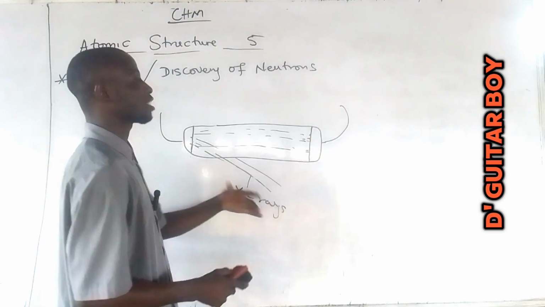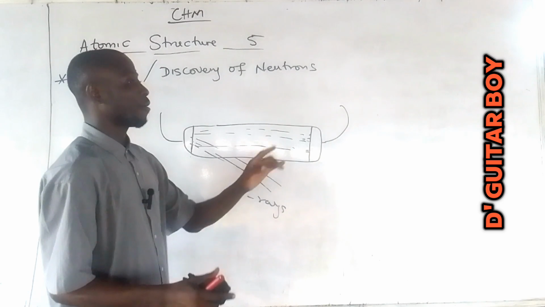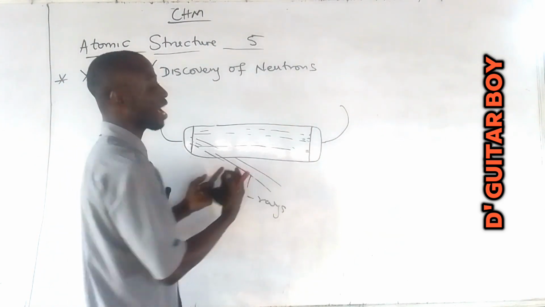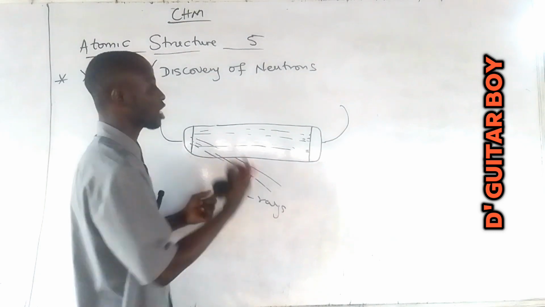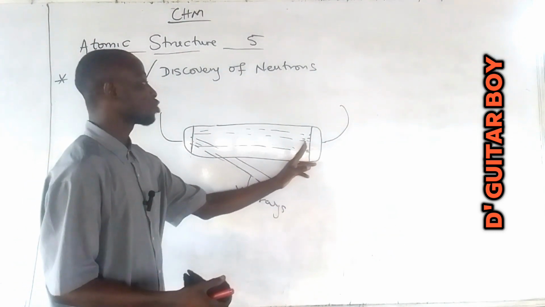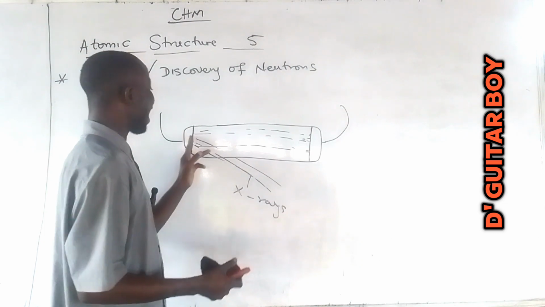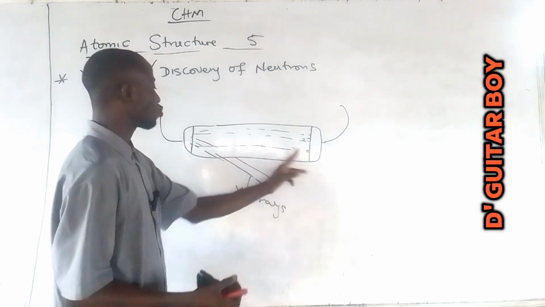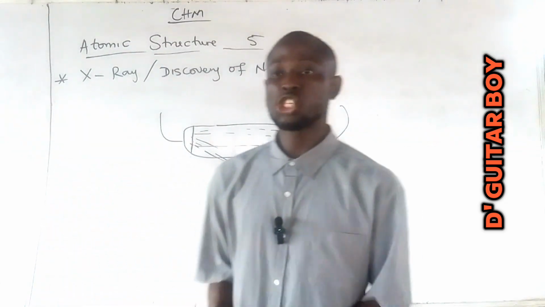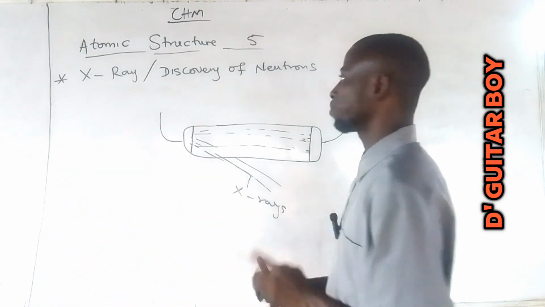Cathode ray is gotten by passing a high potential difference across a discharge tube at low pressure, while X-ray is caused as a result of the bombardment of the anode by cathode ray. You get X-ray. That was how Roentgen discovered X-ray.